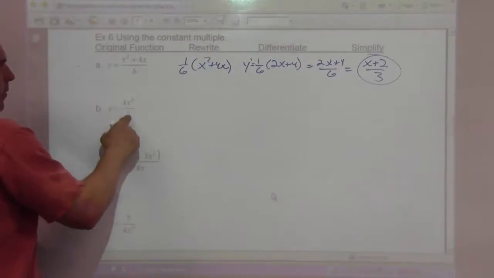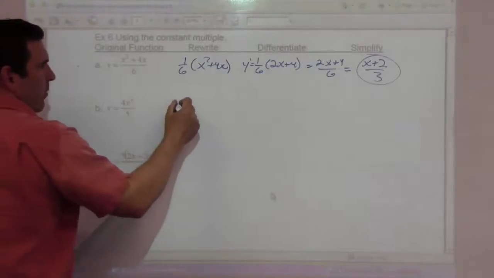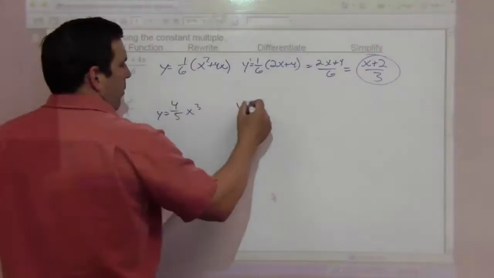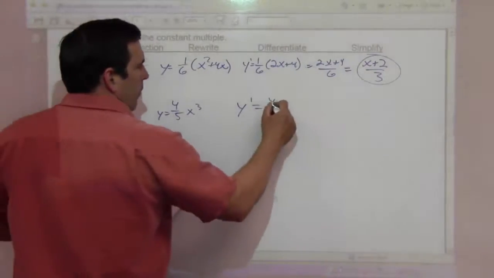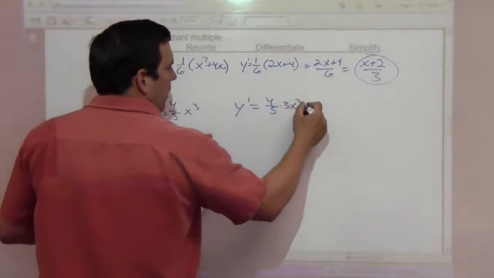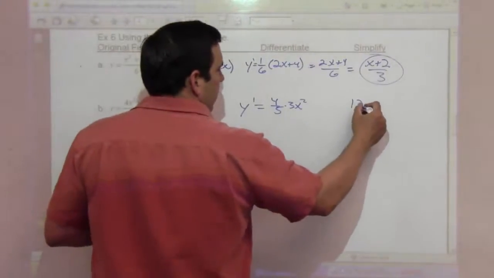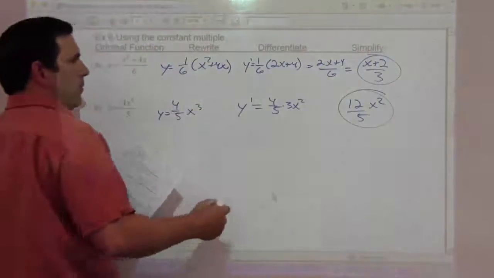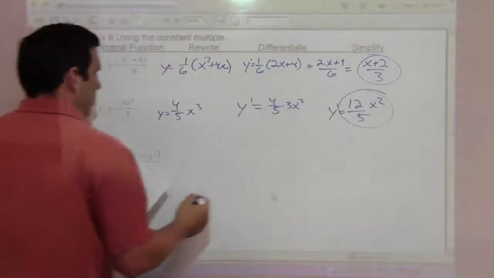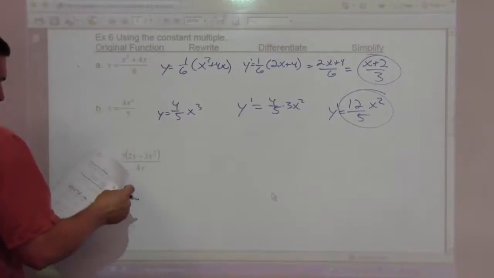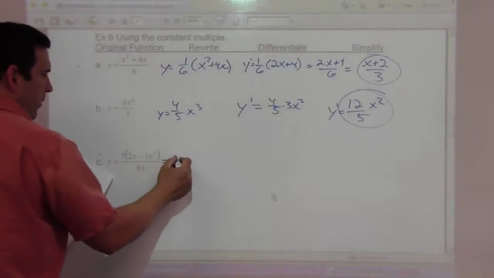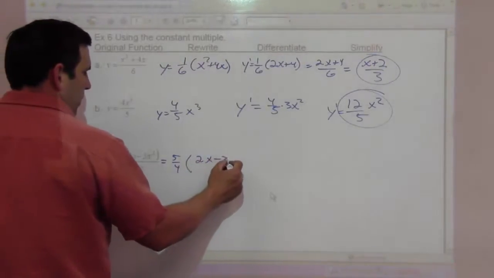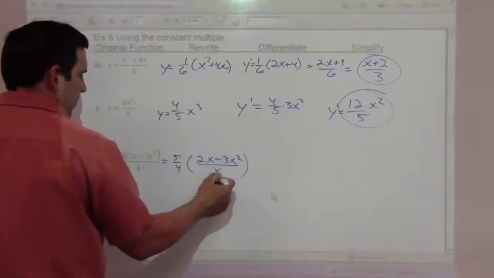Next one, we have y equals 4x cubed over 5. We can write this as 4/5 x cubed. So that y prime would become 4/5 times 3x squared, which is going to be 12x squared over 5. Now the next one, I treat this as 5/4 times 2x minus 3x squared all over x.